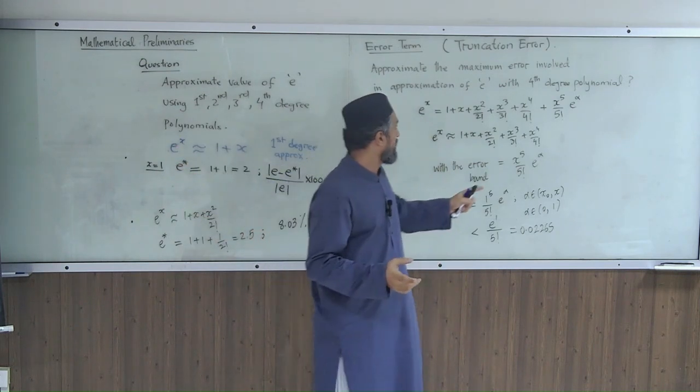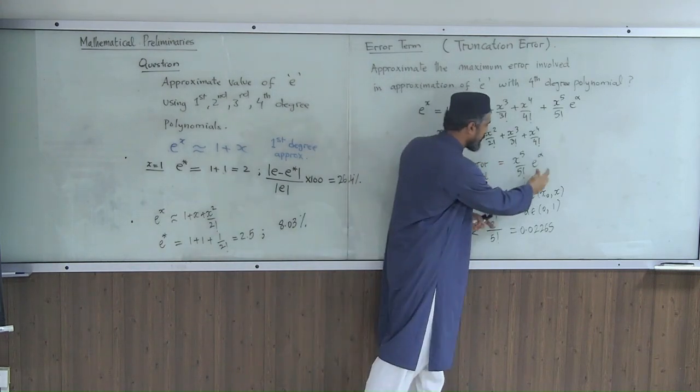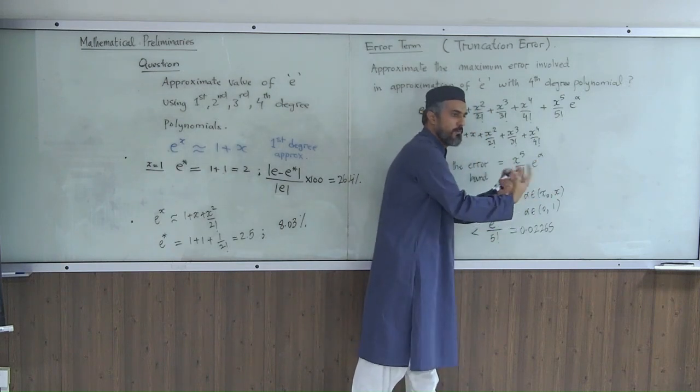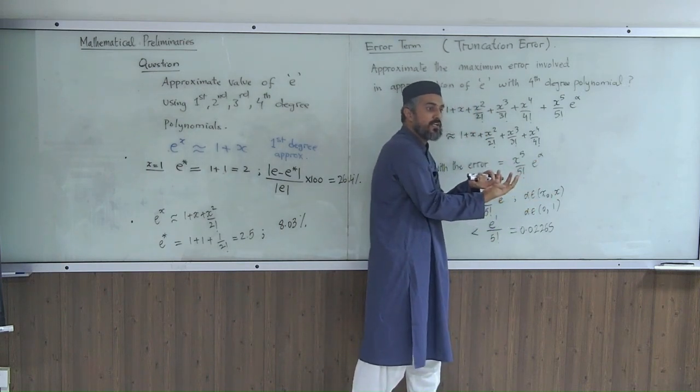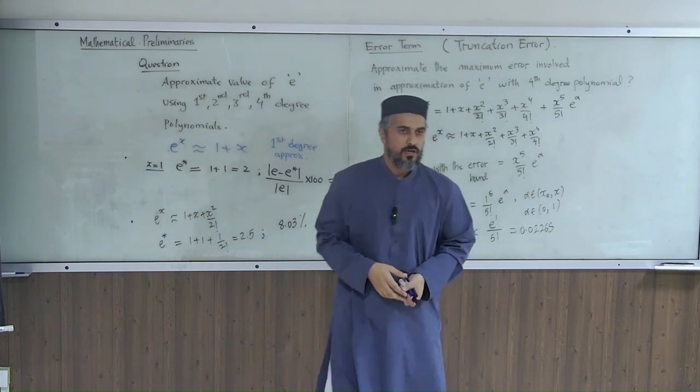But when we try to find the error bound, we use the functional representation. So the error is in the form of a function, and then we find the maximum value of that function. That becomes the truncation error.